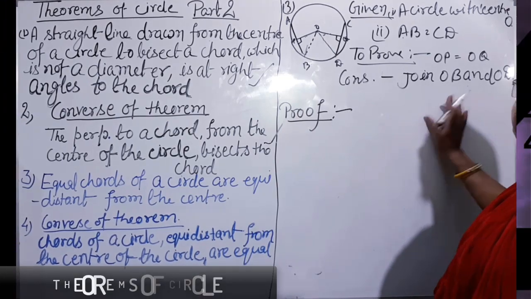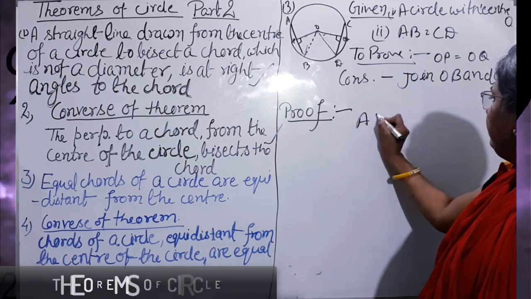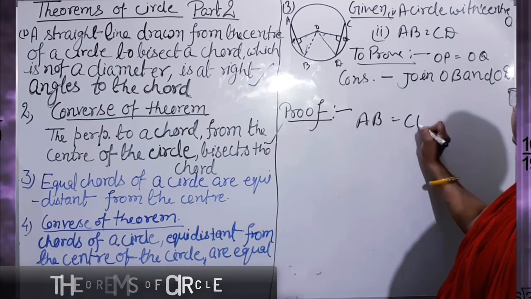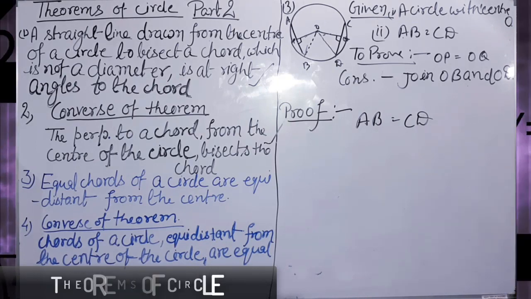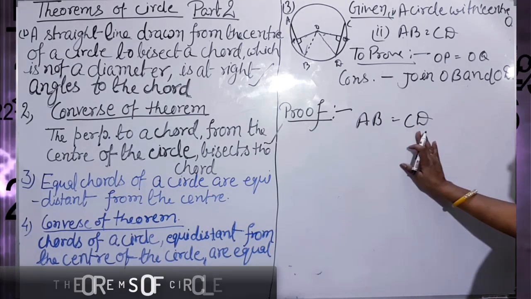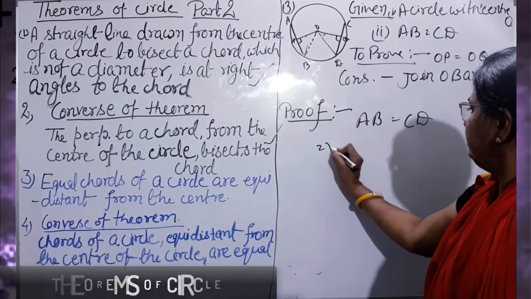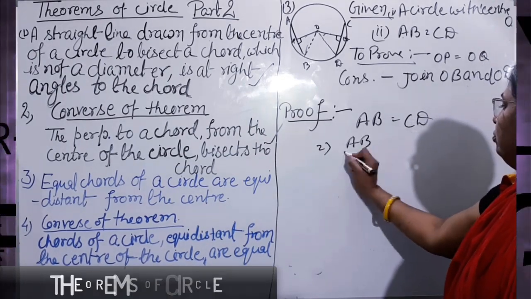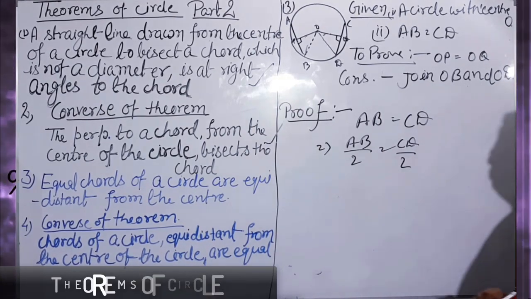We can start from AB is equal to CD. It is given. Dividing both sides by 2, AB by 2 is equal to CD by 2.